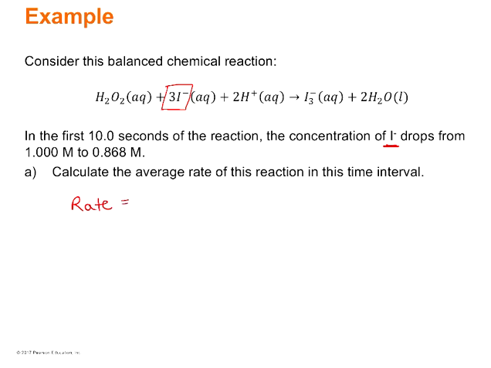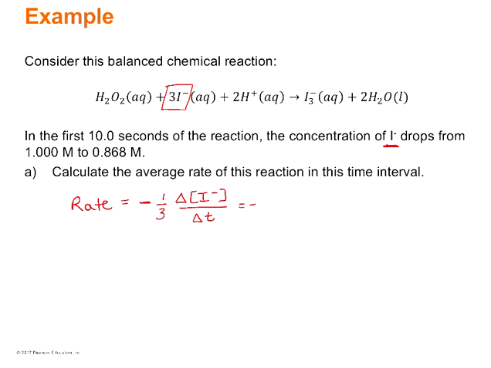All right, so the rate will equal, let's see, we have a reactant, so we have to put a negative sign there. And then the coefficient is 3, so we're going to multiply this rate expression by 1/3. And then it's just the change in concentration of I- over the change in time.